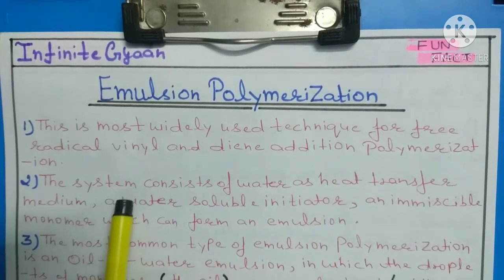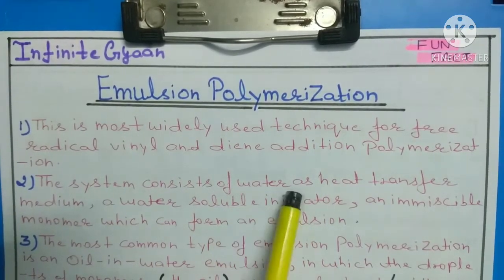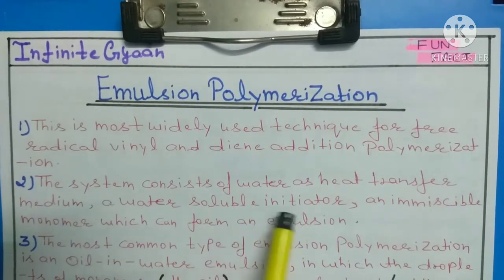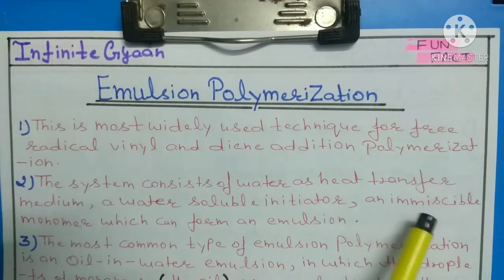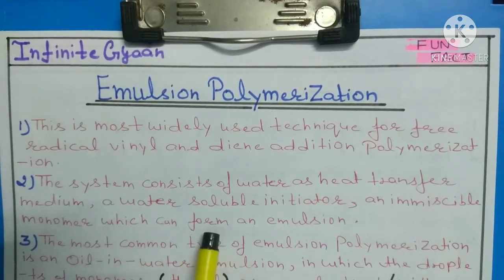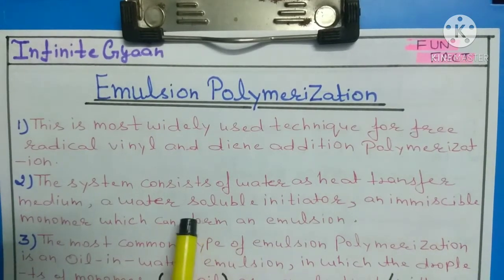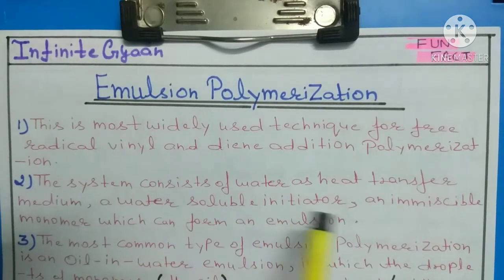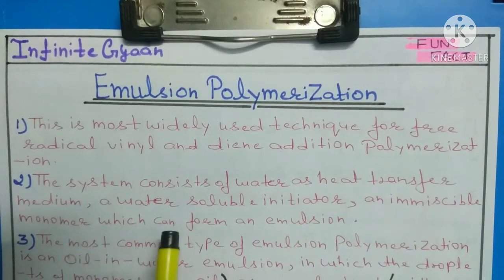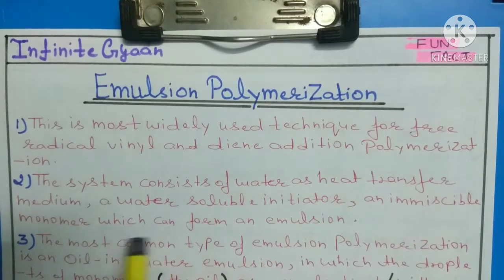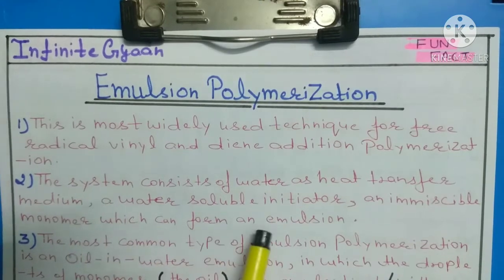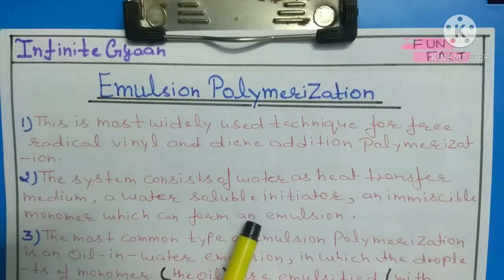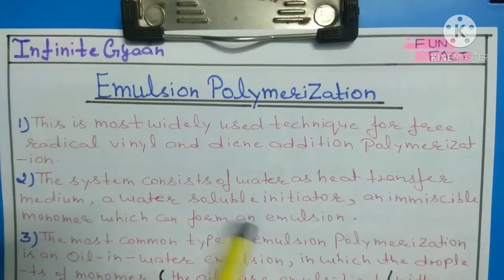The system consists of water as a heat transfer medium, a water soluble initiator, and an immiscible monomer which can form an emulsion. So here we have an initiator which is soluble in water, but the monomer is immiscible in water, so that's why it forms an emulsion over the surface of the water.